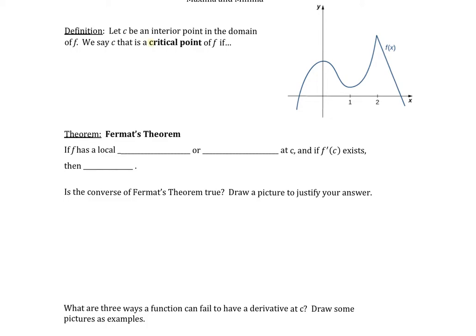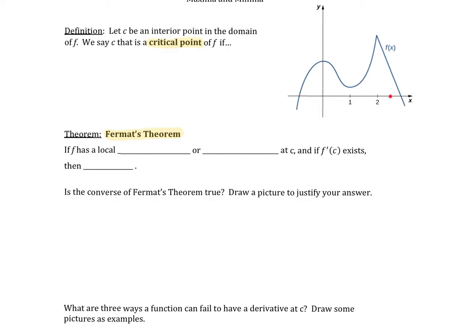Let's talk about critical points and Fermat's theorem. Now, we're going to start by looking at a definition. We're going to let c be an interior point in the domain of f. So an interior point means it's not one of the endpoints.